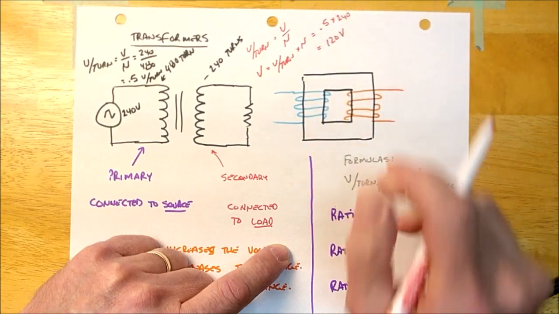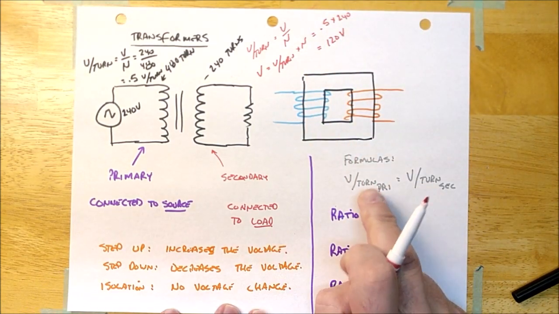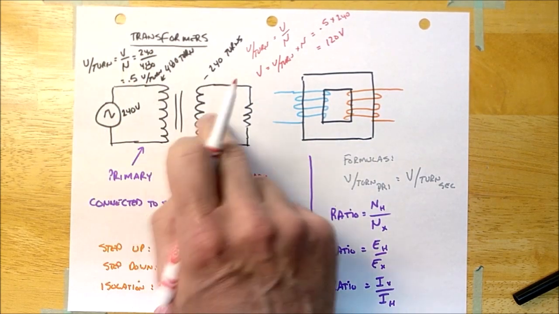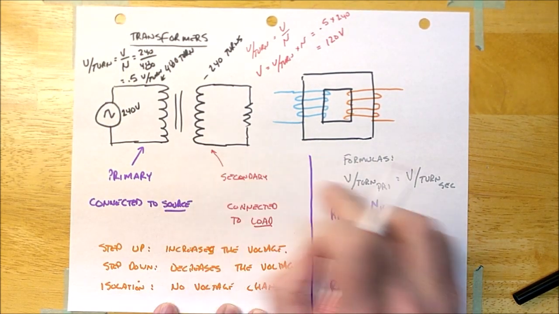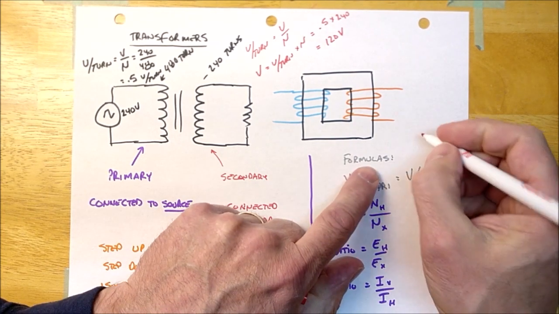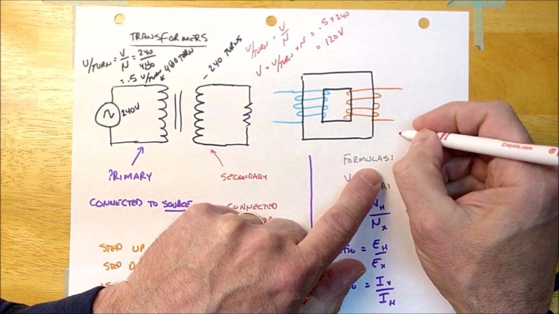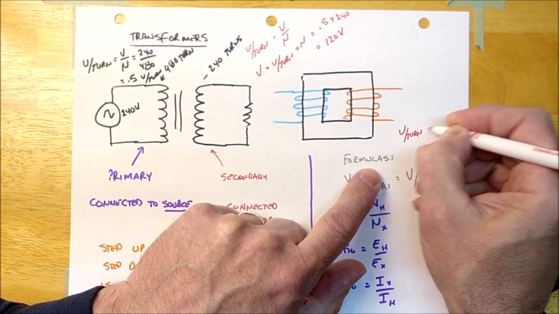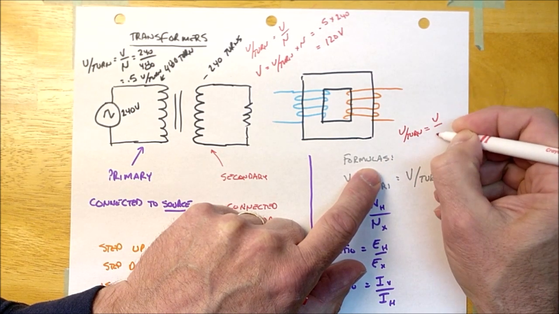All right, guys? And so that formula that I just applied here to figure out what was going on with this circuit is this one right here. Actually, I should add one right up here: the volts per turn is going to be equal to the voltage over the number of turns, okay?